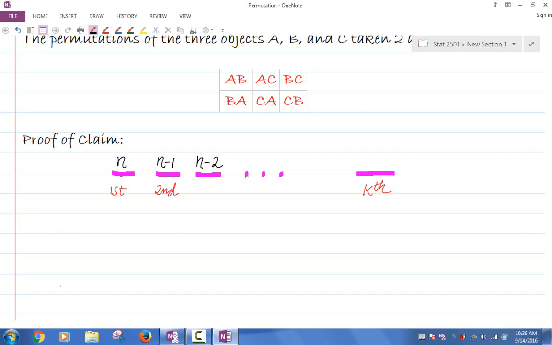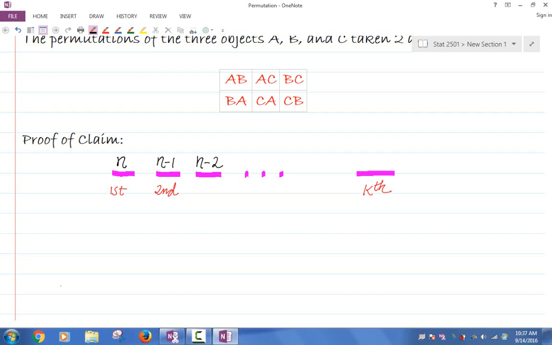No. That's when I'm looking at the number of permutations of all n objects, taking n at a time. N minus k close. What's that? Say it again. N minus k plus 1, very good.